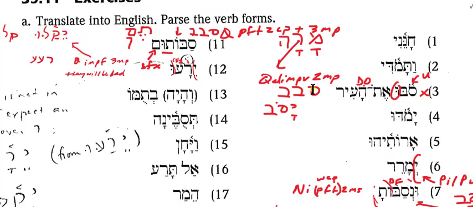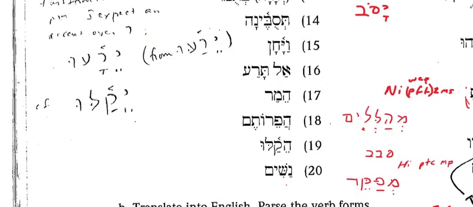So, number 19. So, we have Heikalu. How many consonants do we see here? Well, literally, we should see 3, right? Are those your 3 root letters? Hay, Kof, Lamed? I mean, theoretically, they could be, right? But if the Hay's a prefix, then where does root 1 start? Yeah, with the Kof. So let's consider that for a moment here.